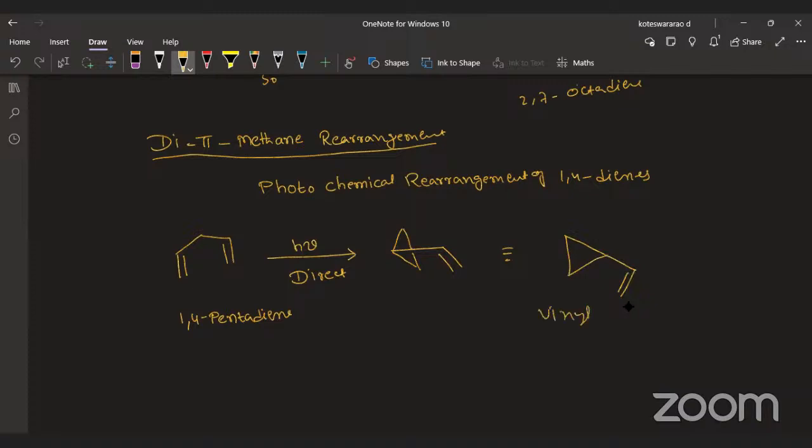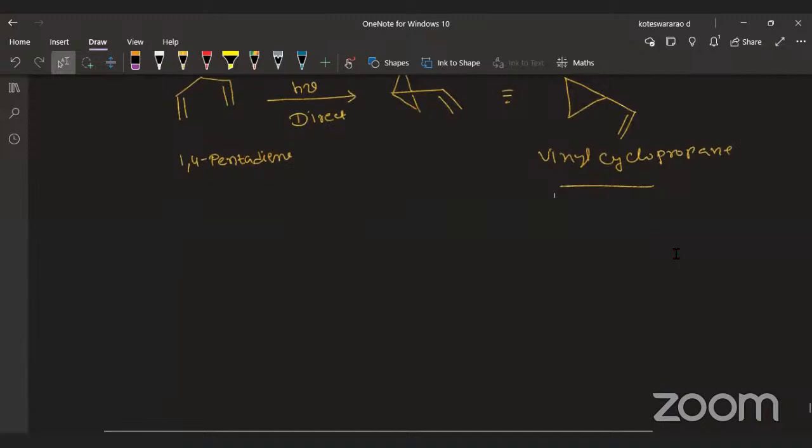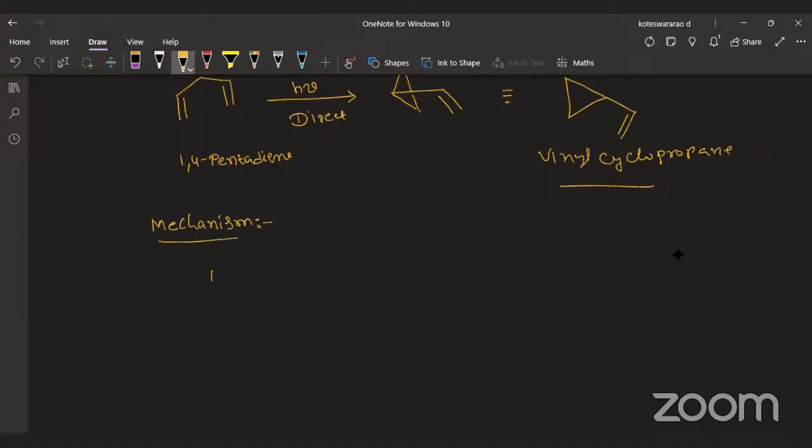Vinyl cyclopropane is the product. Then what is the mechanism involved? Coming to the mechanism, I will just explain the mechanism and close the session. Take that 1,4-pentadiene system.